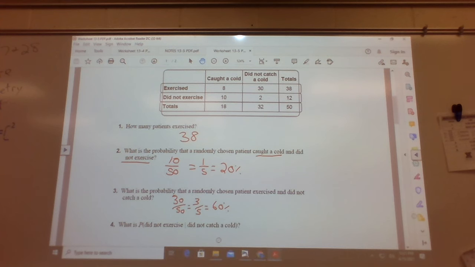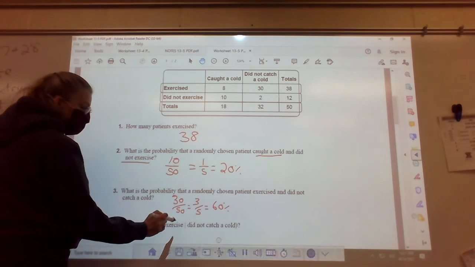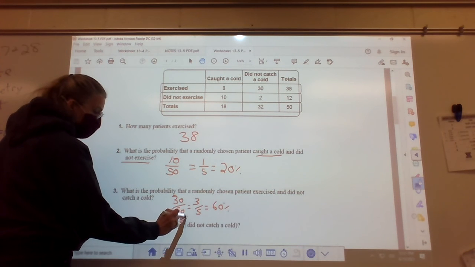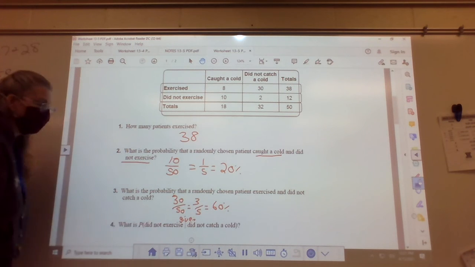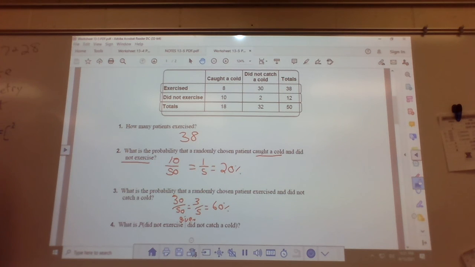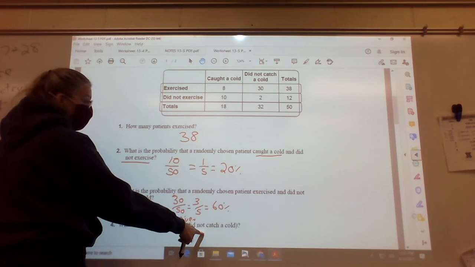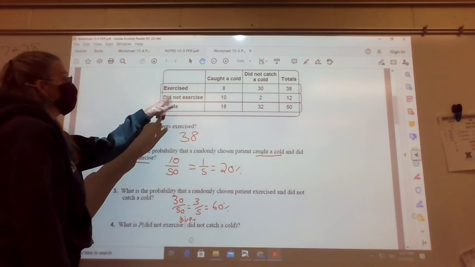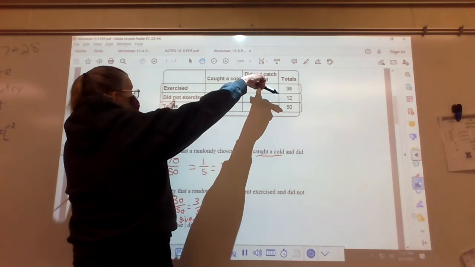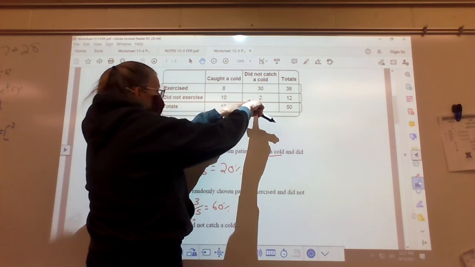It says, what's the probability someone did not exercise given they did not catch a cold? So this is the one that takes both. Did not exercise, did not catch a cold. That's the first number. Well, that's 2.